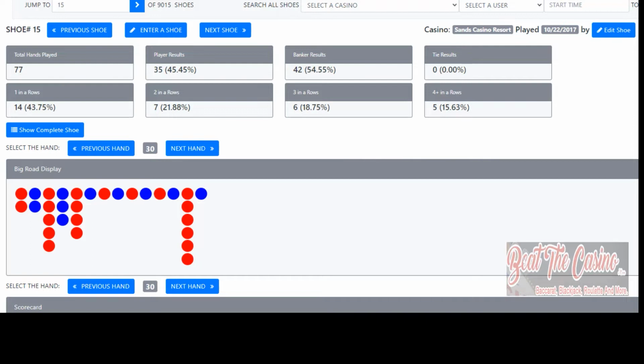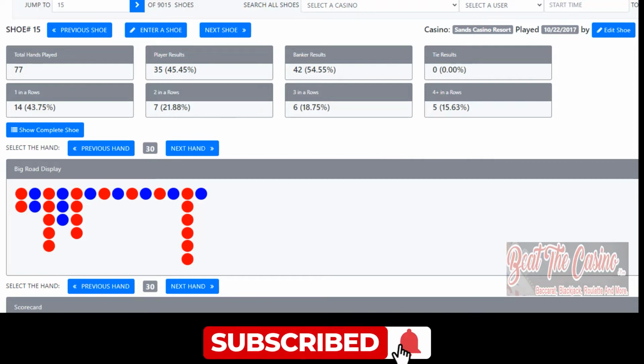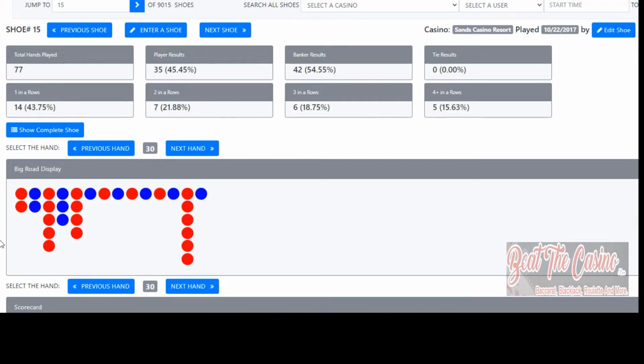One of the things that we look for from a second liner perspective is what's called attached multiples. You can see here, right at the beginning, we have a bunch of what we call attached multiples: 2 in a row, a 5 in a row, a 3 in a row, and then another 4 in a row, and then a long zigzag run. A lot of players will find that this condition repeats itself in games.